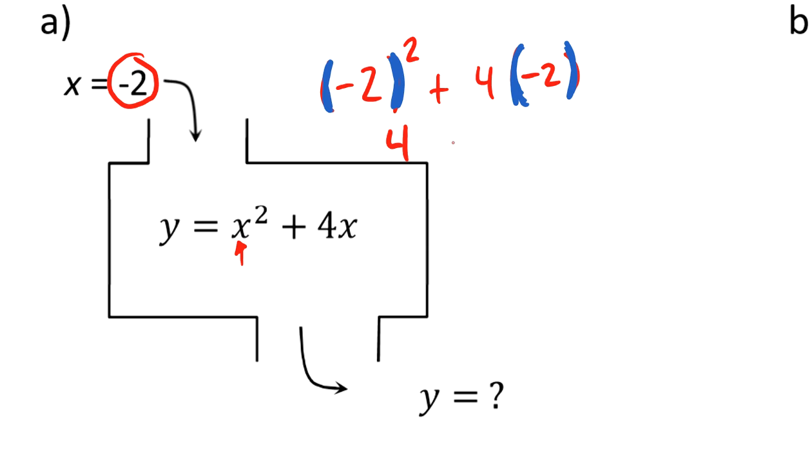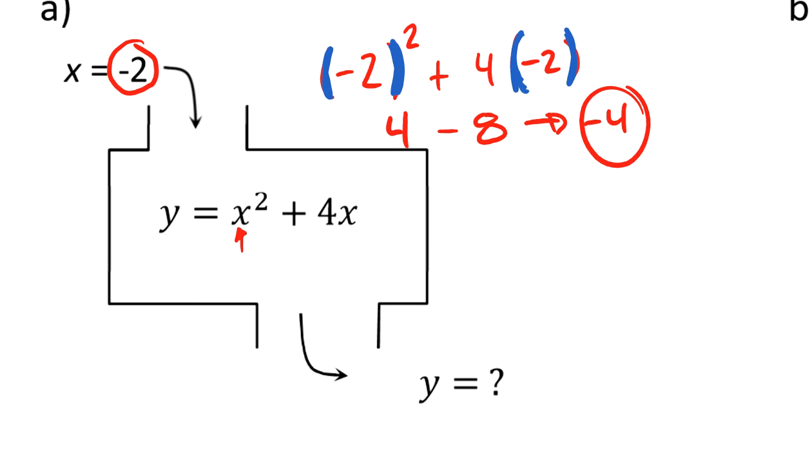So instead of writing plus -8, I'm just going to write -8. And 4 minus 8 is indeed -4. So that's the output at this point, right? If x is -2, the output, y, would be a value of -4.